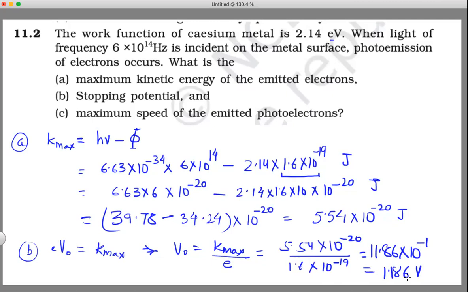Okay, so this is the stopping potential. Now let's do the third part.